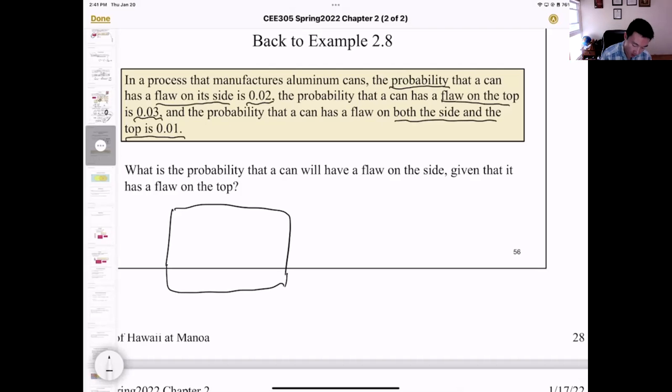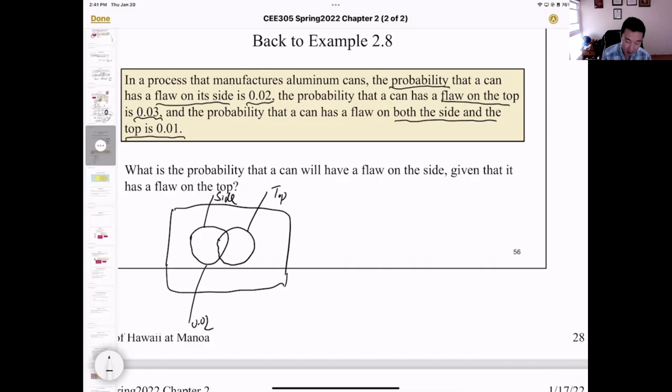Again, sometimes it's easier to see the relationship if we draw the Venn diagram like this. Let's say this is the probability has a flaw on the side S, and this is has a flaw on the top T. Question tells us the probability a can has a flaw on the side is 0.02, so this circle is 0.02.